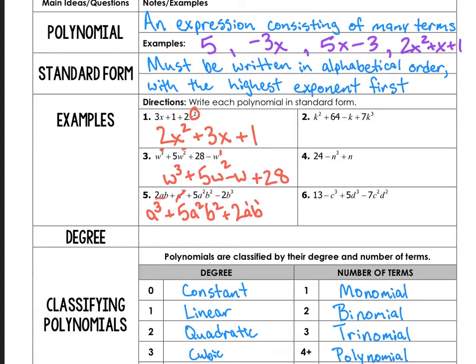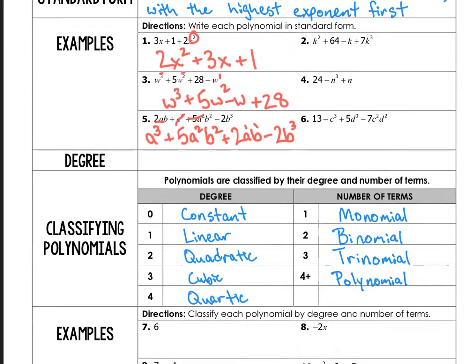Last but not least, now that we've gotten rid of everything else, we have the 2b cubed. Try to keep that in mind. If it still has the letter previous to it, such as the 2ab, it still has a and it has the b, so it's going to come before the 2b cubed. Some simple rearrangement, nothing to worry about, nothing too major.